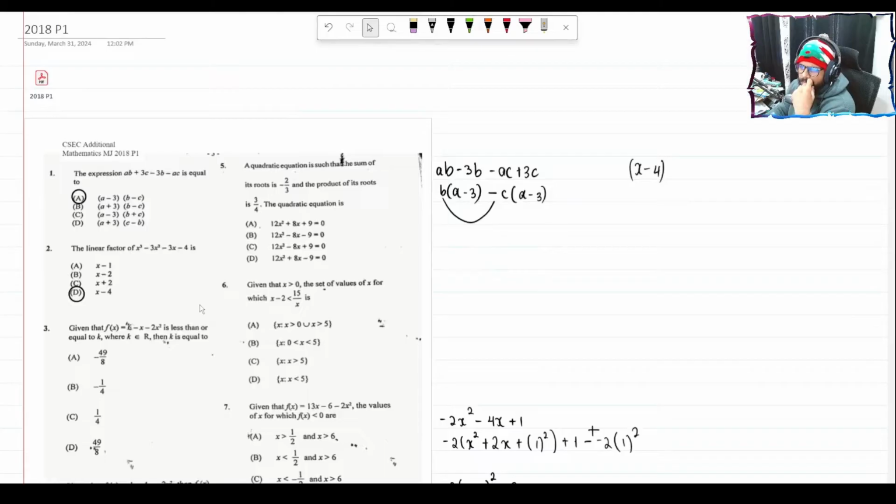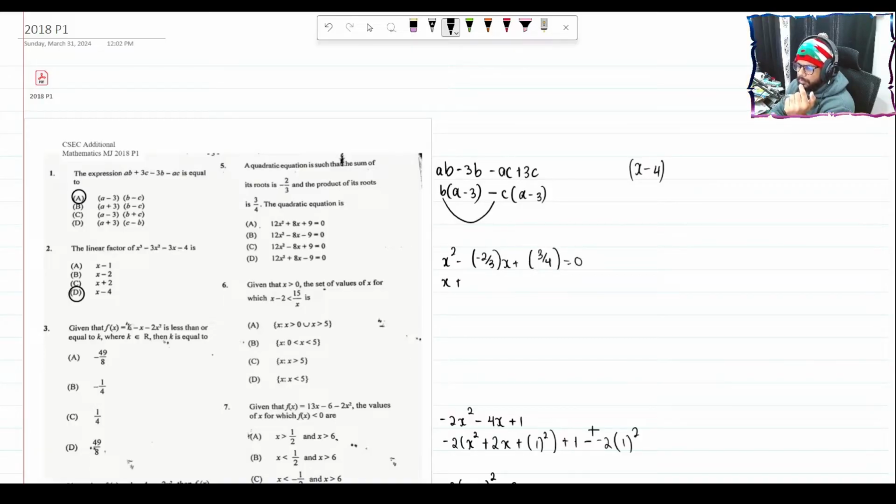A quadratic equation is such that the sum of the roots is that and the product of the roots is that. This is another repeat. Generally we have the quadratic being x squared, take away the sum of the roots times x, and the sum of the roots is minus 2/3, plus the product of the roots, which is 3/4, is equal to 0.